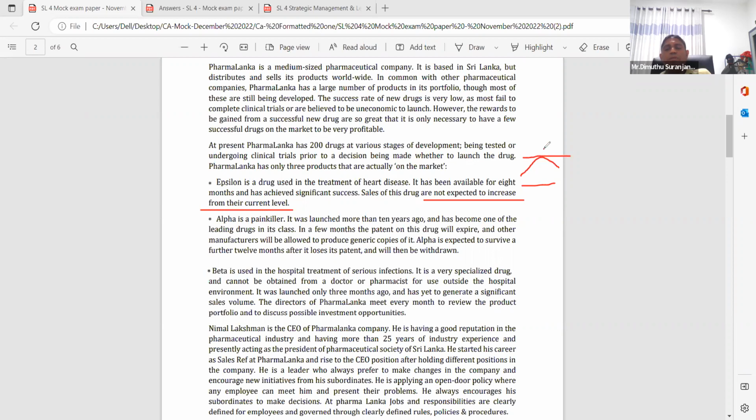Is the same level. So it peaked and continues at the same level. So normally, that's a feature of that stage. If you remind yourself of your theories, is that introduction, growth, maturity or decline?